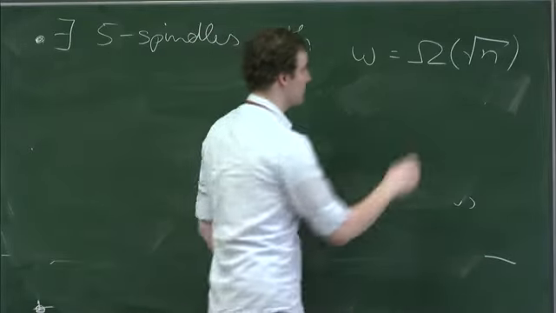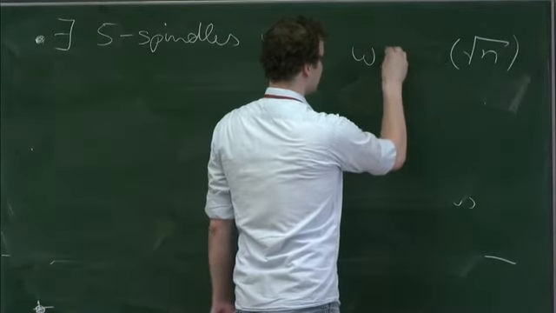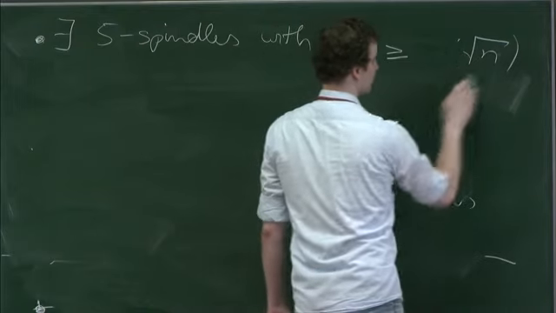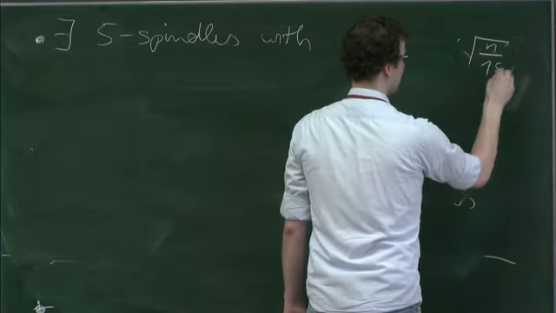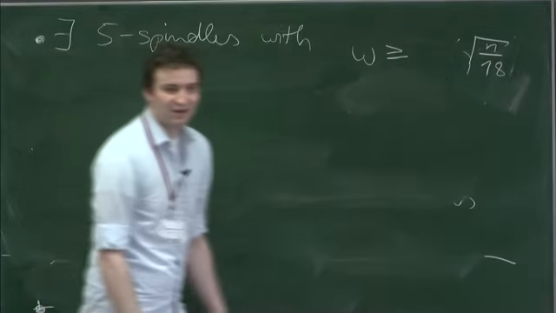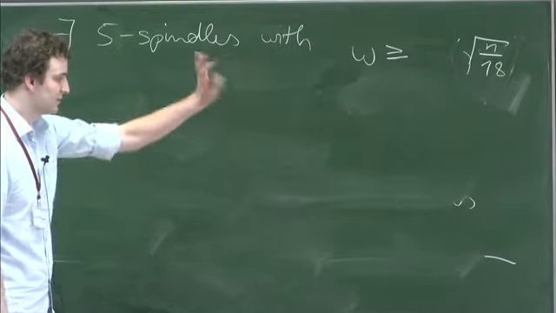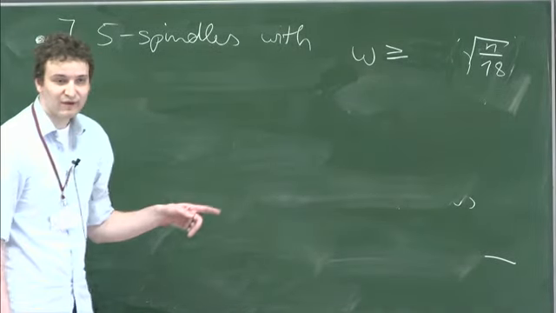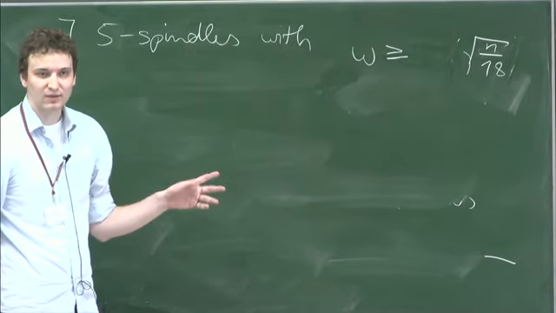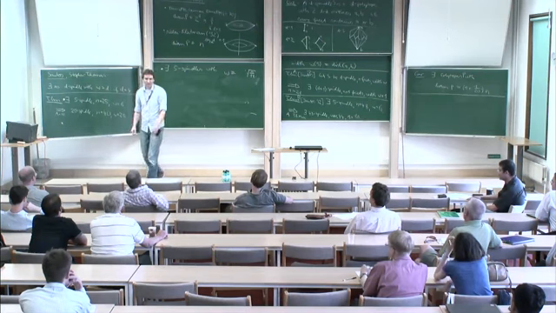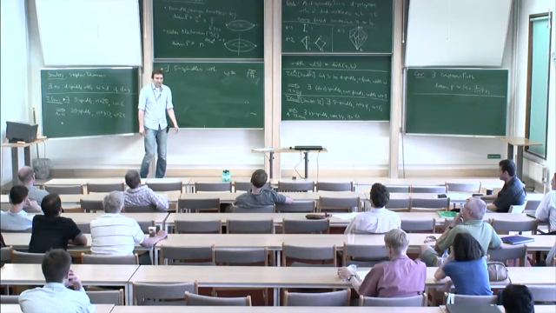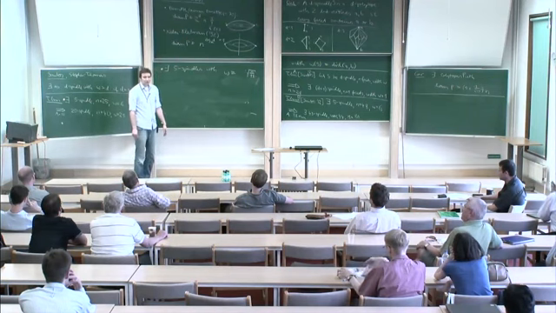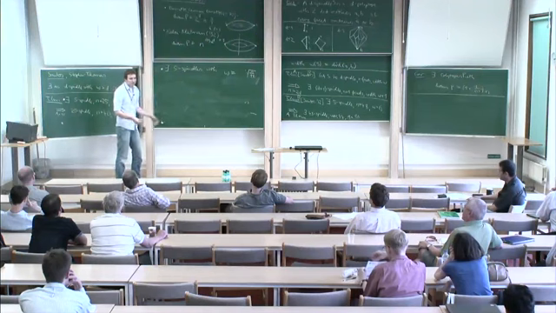Actually, I can make it more precise, so it will be at least square root of n over 18, I think plus a constant, but it doesn't really matter. So the width of 5-spindles can grow arbitrarily. It can be arbitrarily large. Whereas for 4-polytopes or for 4-spindles, this does not hold, which is maybe surprising.